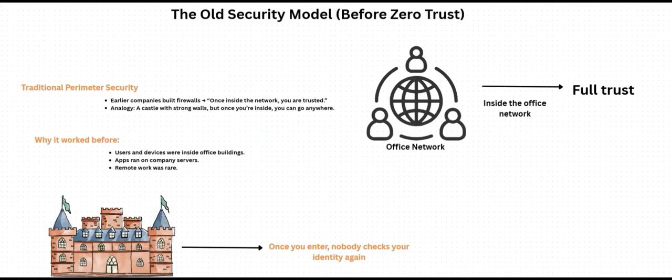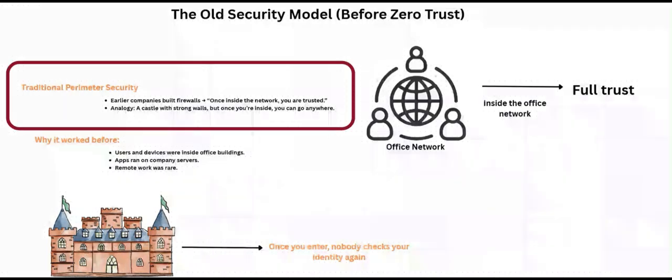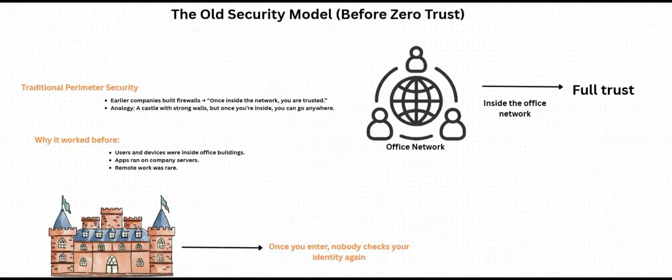So before we jump into what Zero Trust architecture actually is, let's first understand the old security model that existed before Zero Trust. So basically there were two main approaches, but the most common was the traditional perimeter security model. Think of it like this: earlier, companies used firewalls as strong barriers to restrict who could enter their network.